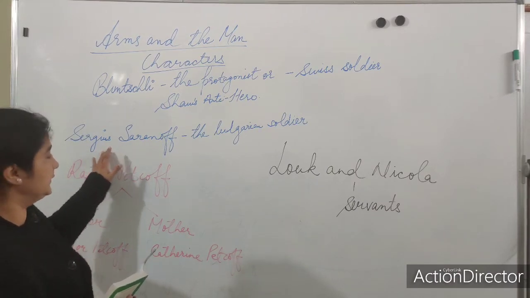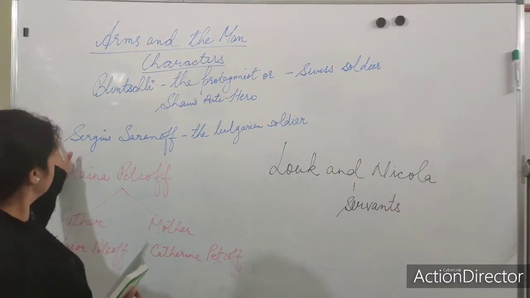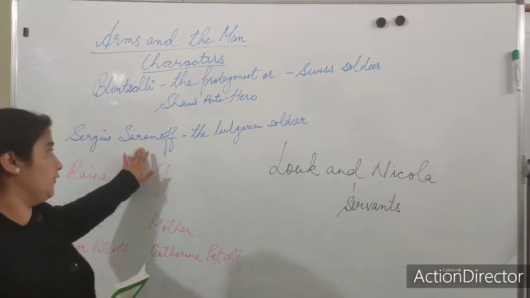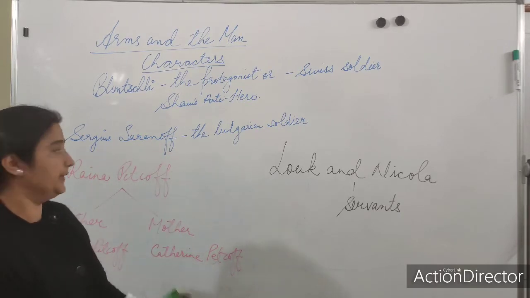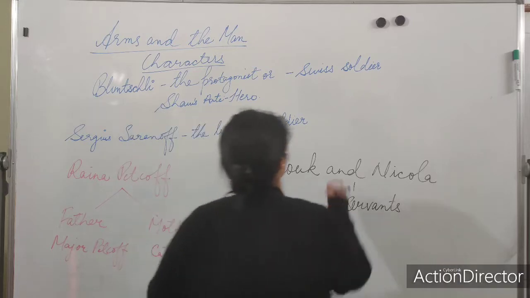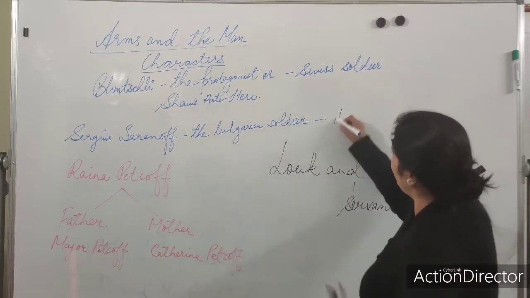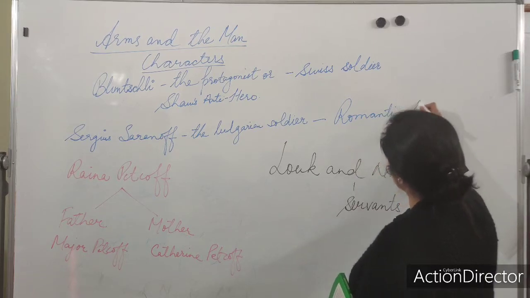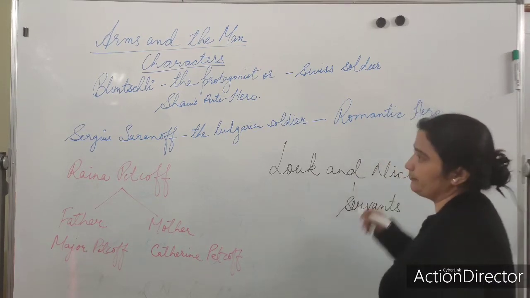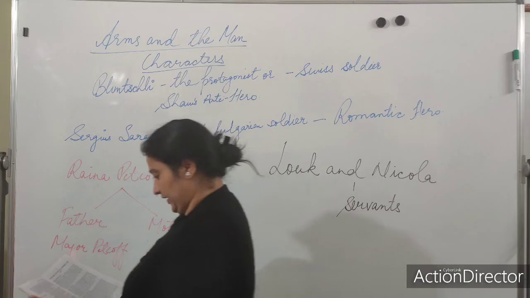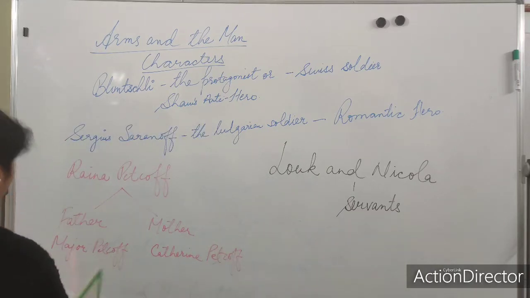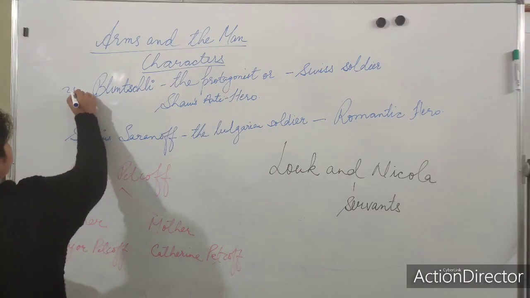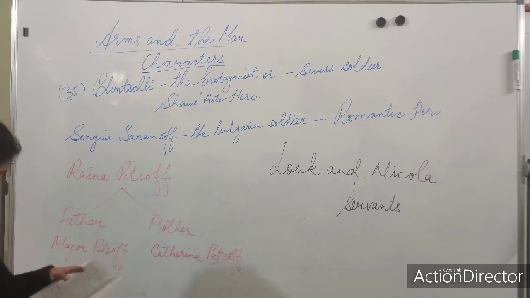Next character is Sergius Saranov. He is a Bulgarian soldier, and he is called Shaw's romantic hero. Bluntschli is around 34, 35 is his age, right?